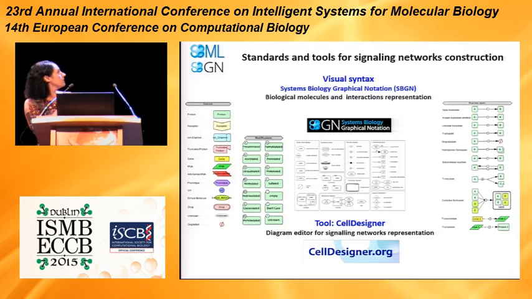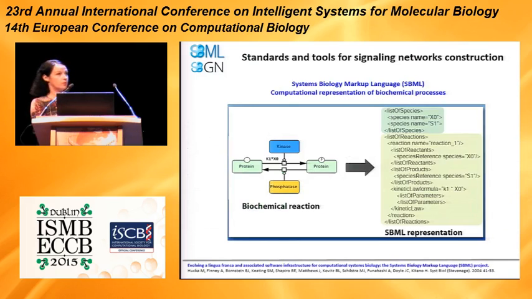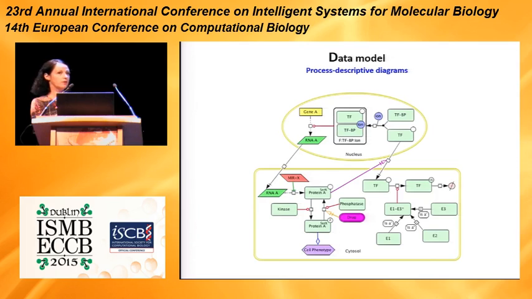We use the Systems Biology Graphical Notation syntax to represent the processes, and we do it in the CellDesigner tool, which is very familiar to biologists, because the main specialists doing those maps are biology students. We represent the processes in the form of biochemical reactions with an in-depth description of all details, which is then translated to SBML format, making those maps interactive and also amenable to computational analysis.